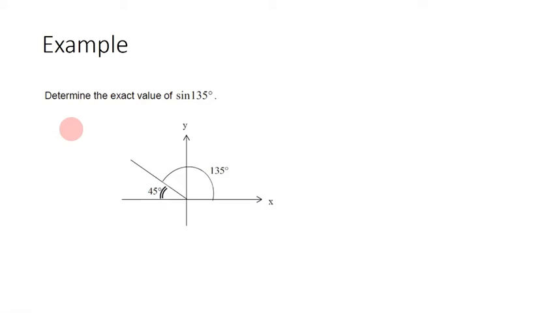where we have the angle of 135 in this direction, since this is positive 135, so it will start from the initial side to the terminal side here. So the reference angle is actually 180 minus 135 degree.